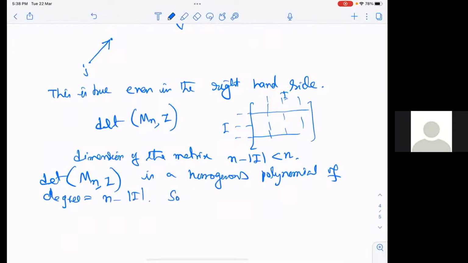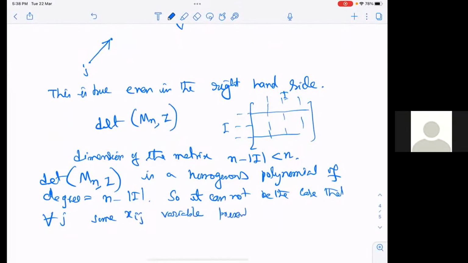So it cannot be the case that for all j some x_ij variables are present, since then the degree has to be n. That means that both sides will have some kind of leaf type variable. One side is obvious, the left hand side. The right hand side is also a degree argument, and this is true.